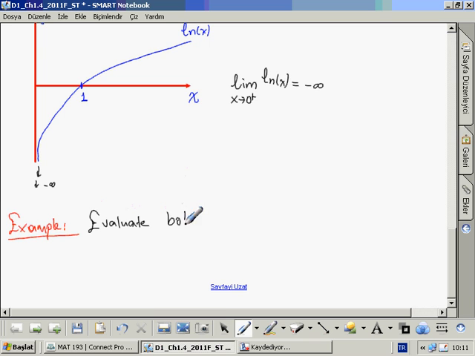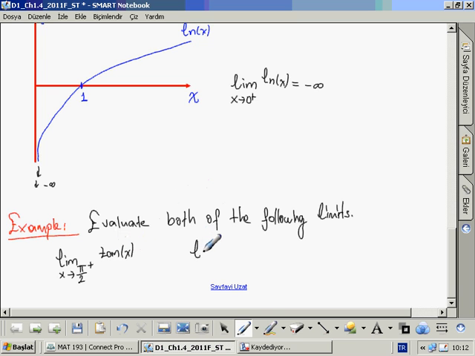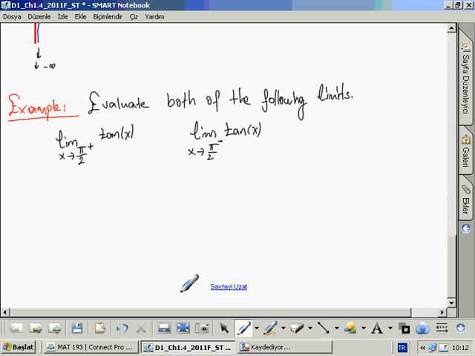Evaluate both of the following limits. Limit as x approaches pi over 2 from the right hand side of tangent x, and the limit as x approaches pi over 2 from the left hand side of tangent x.